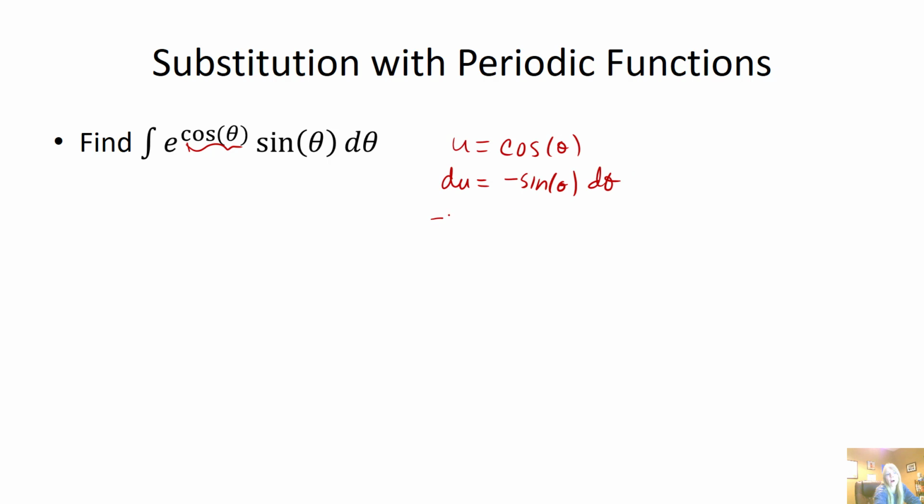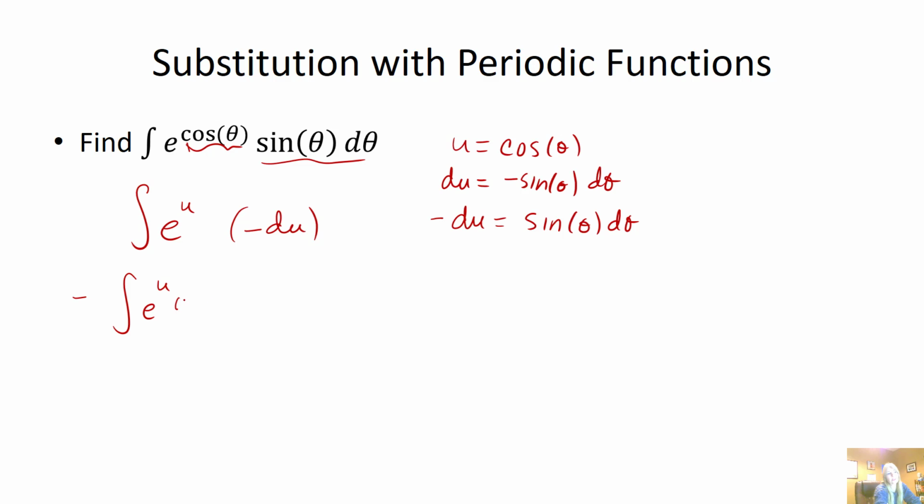So I could divide both sides by -1. And this gives me exactly my leftover piece. So this becomes e to the u times minus du. I probably just put the negative out front. The antiderivative of e to the u is e to the u, and then I plug back in what u equals, and I get my answer.